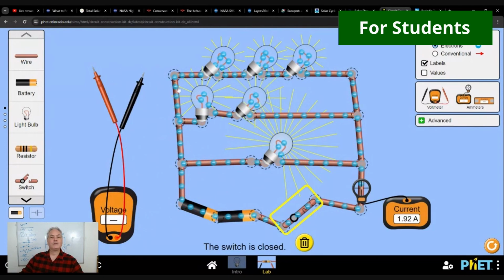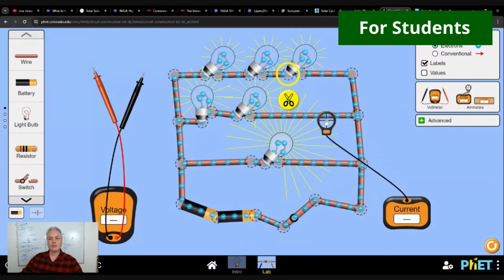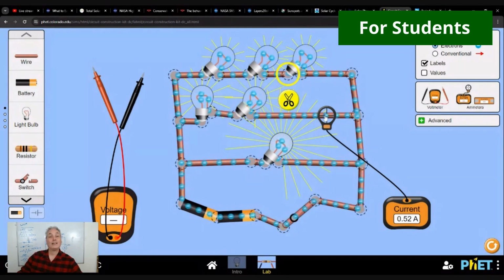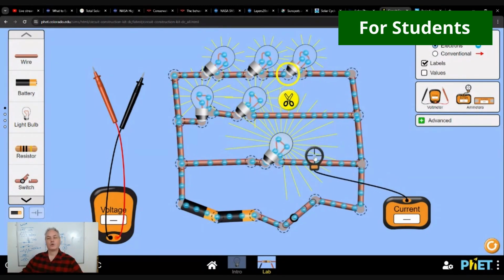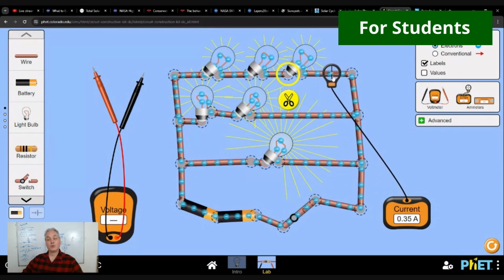If you take that one branch only, this is one branch in series. So these bulbs are connected in series. The current, if you have one bulb, is 1.05. We saw that earlier. If there are two bulbs, it's divided by two, so 1.05 divided by 2 is 0.52. And if you have three bulbs, what do you notice?